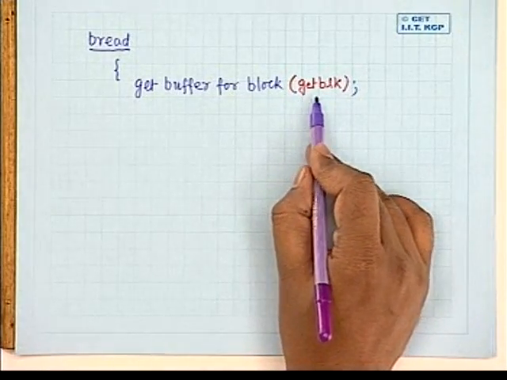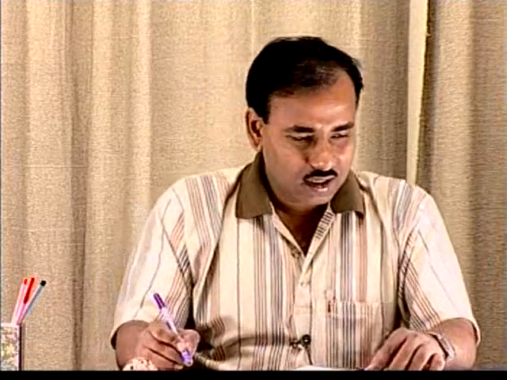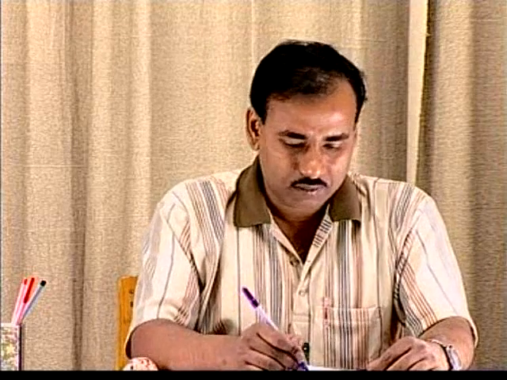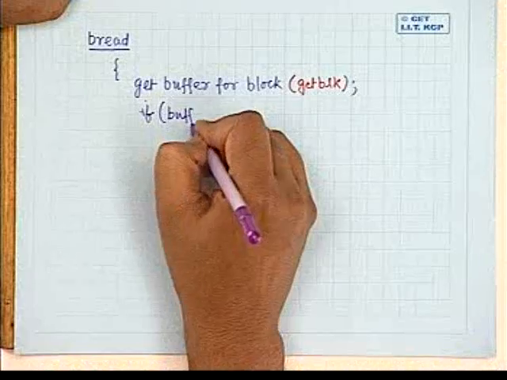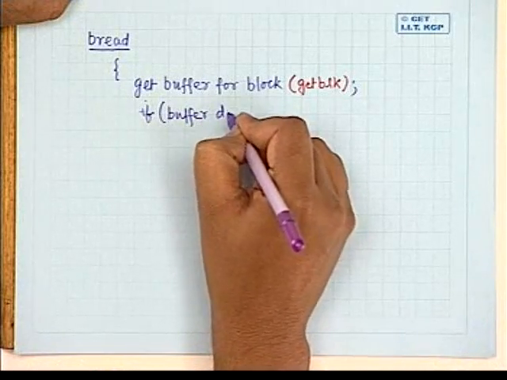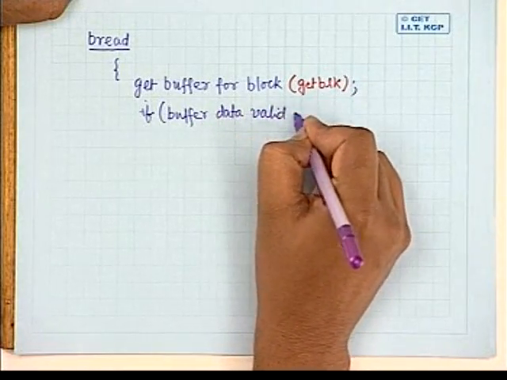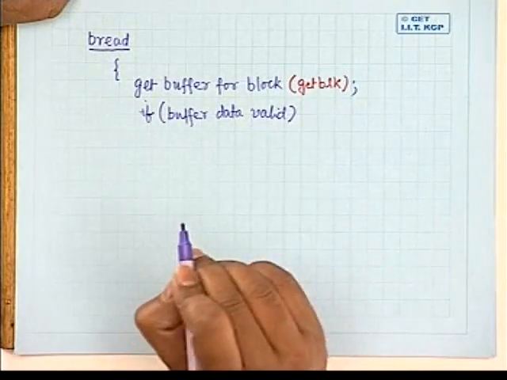So, if a buffer containing the data block is found, in that case that buffer will be returned to the process. Otherwise, a free buffer will be returned to the process. Okay. So, here if the buffer data is valid, valid includes that the data contains this particular block number which is requested.